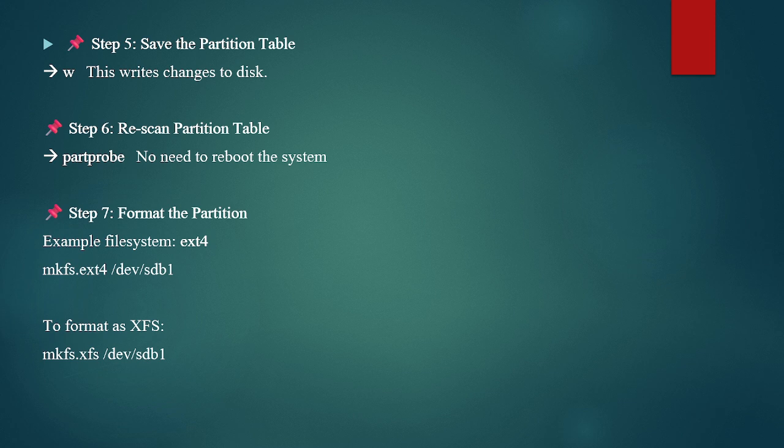If your file system type is ext4, you can use mkfs.ext4 /dev/hdb1. Or if your Linux server uses the XFS file system, then you can use the mkfs.xfs /dev/hdb1 command. With this, you can format your hard disk.